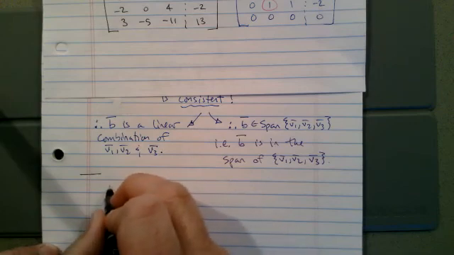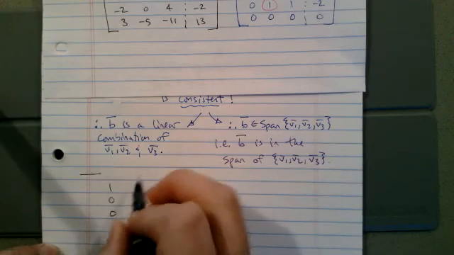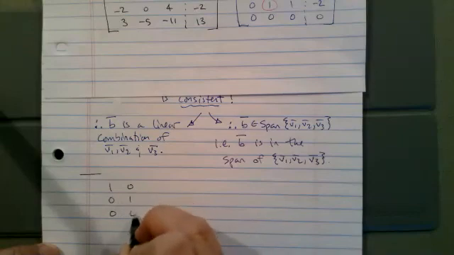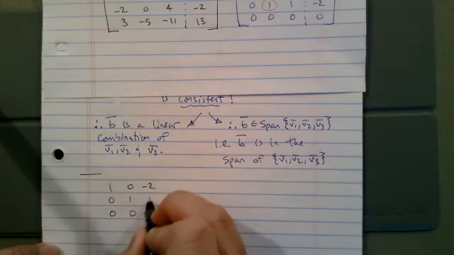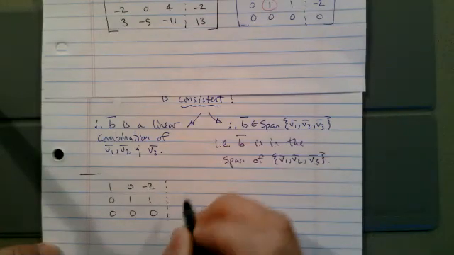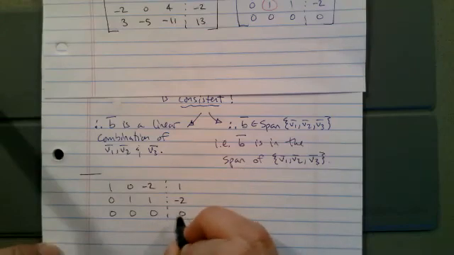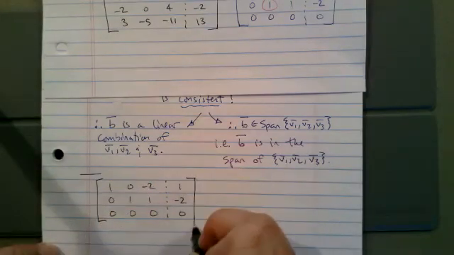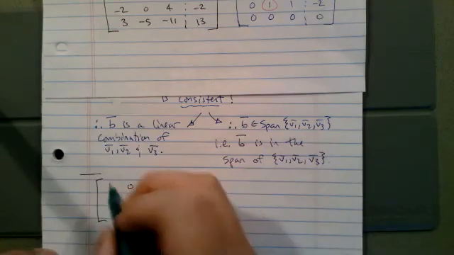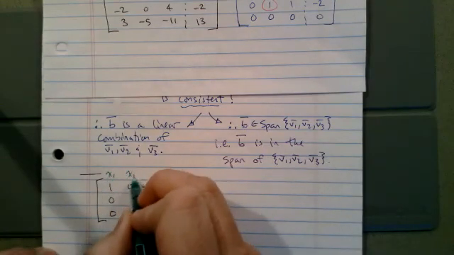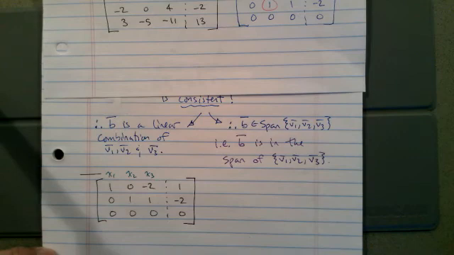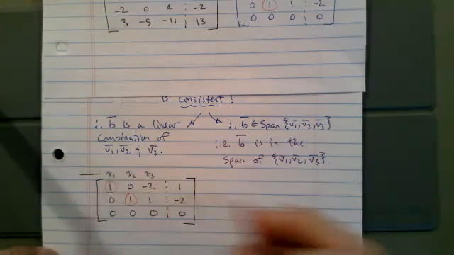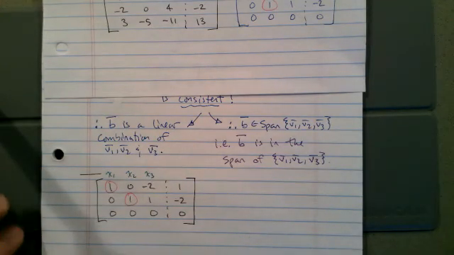By columns, the reduced echelon form says 1, 0, 0, 0, 1, 0, negative 2, 1, 0, 1, negative 2, 0, because I have one more point to make. So this was x1, x2, and x3. We have pivots in the first and second columns. The third column was not a pivot column.